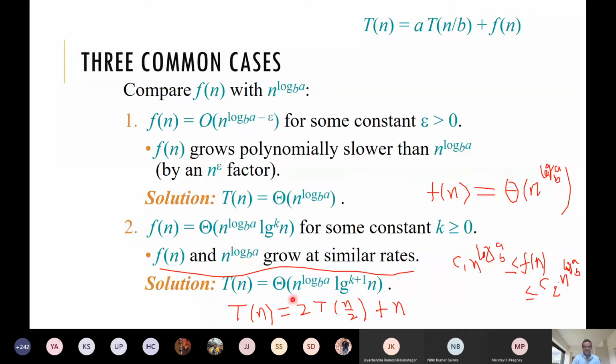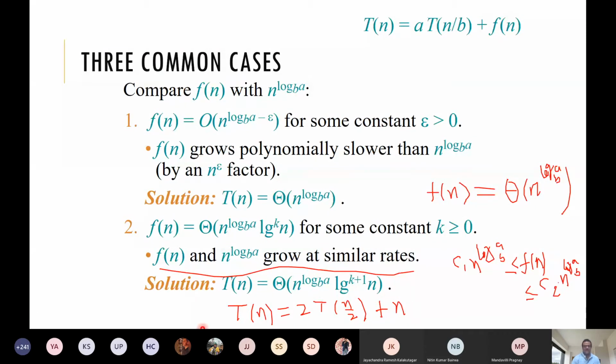So in that case, what is the solution? The solution is big theta of n to the power log a base b times log to the power k plus 1 of n. k is 0, so a log term will come here. Why the log term is coming, we'll discuss. So the solution is T(n) equal to n to the power log a base b times log n, and k is 0, so n log n.